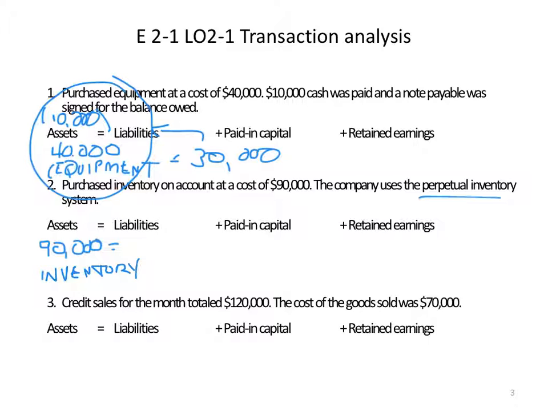And when something is purchased on account, that means they didn't pay for it yet, and so they have a liability of $90,000. And that liability would be called accounts payable.